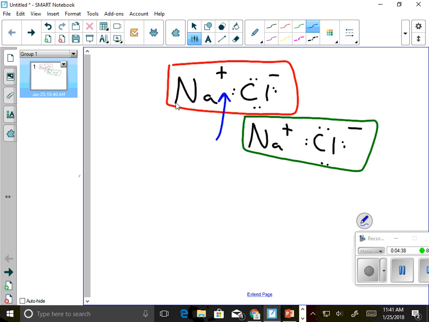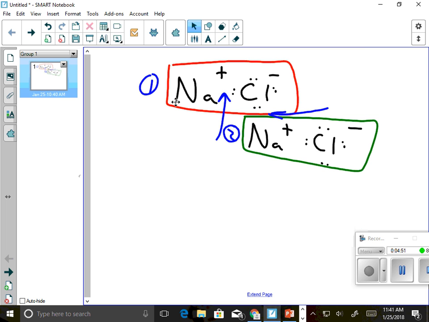So what's holding Na plus to Cl minus is the exact same thing that's holding this NaCl number 1 to this NaCl number 2. The reason why ionic compounds have such a high melting point is they have full attraction, positive and negative, attracted to each other over and over again. Now this is different than covalent compounds, which I'll draw the Lewis dot for in a little bit, but I want to make sure we understand that point. So do we have questions on that?